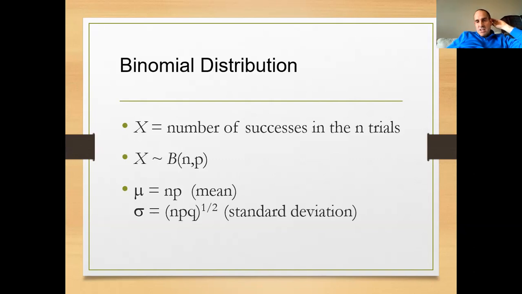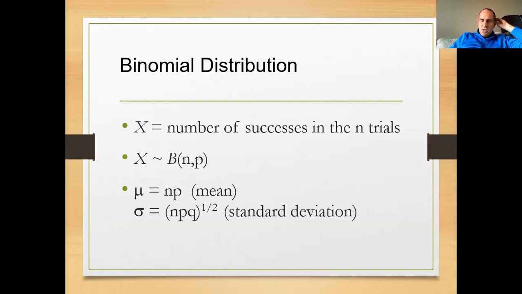But that doesn't necessarily mean that that's a likely value for the number of heads. The standard deviation is what tells you how good the mean is at predicting the overall behavior of the thing.